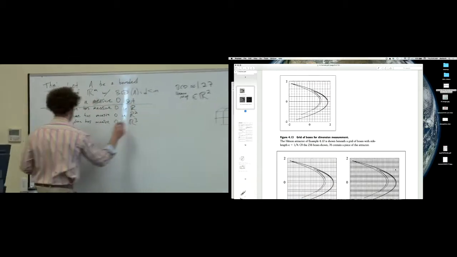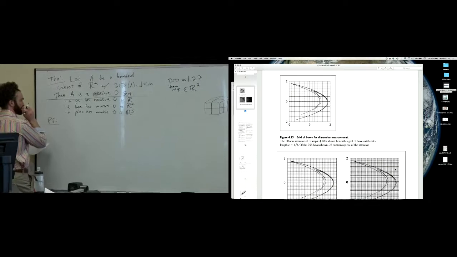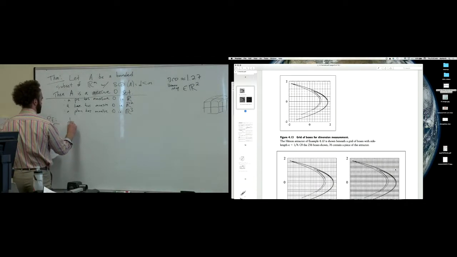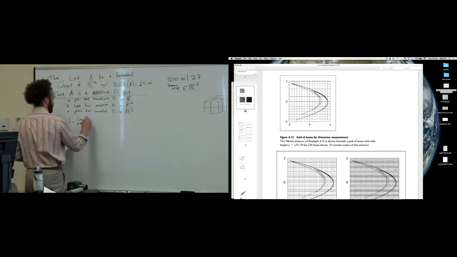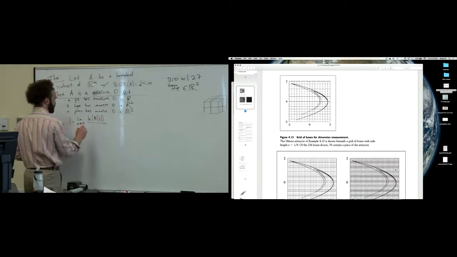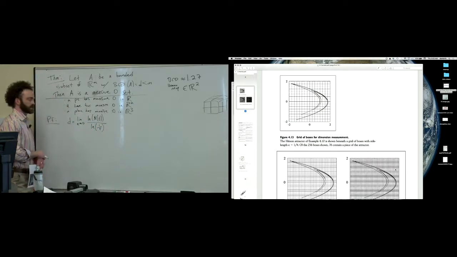We're going to prove it using our BCD that we just talked about, this box counting dimension. All right, so the box counting dimension said that my D, this BCD, is the limit as epsilon goes to 0 of the natural log of the number of boxes of size epsilon in the numerator and the natural log of 1 over epsilon in the denominator.